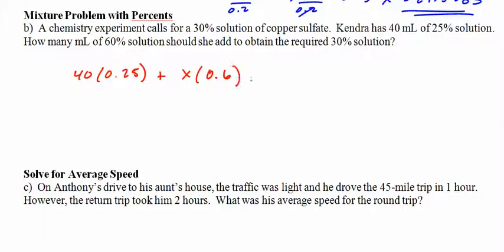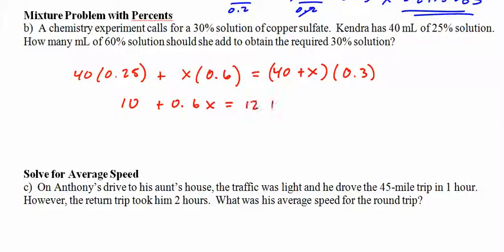0.6 is going to equal 40 plus X times 0.3. This gets you 10 equals 12 plus 0.3x.